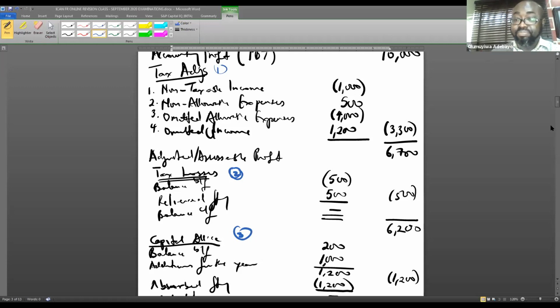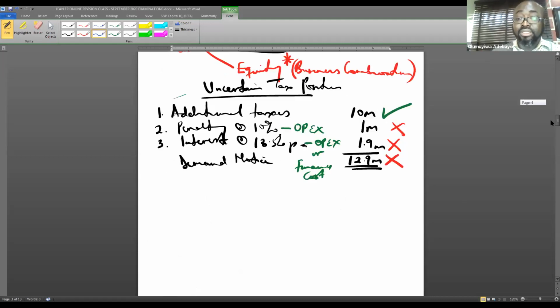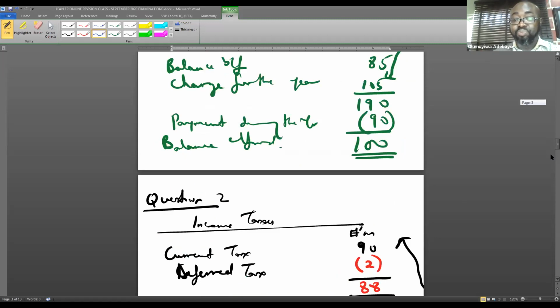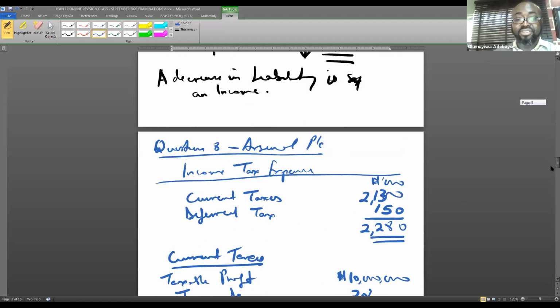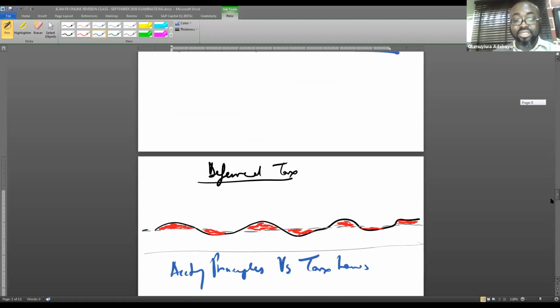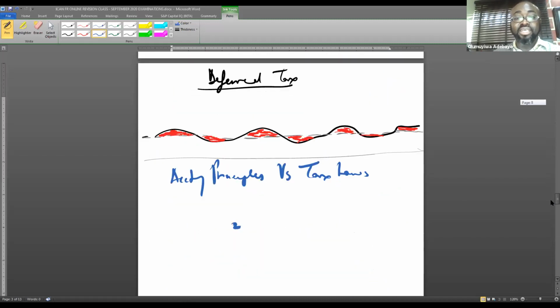These three represent the differences between accounting profits and taxable profits. And that can be attributed to differences between accounting principles and the requirement of the tax law.